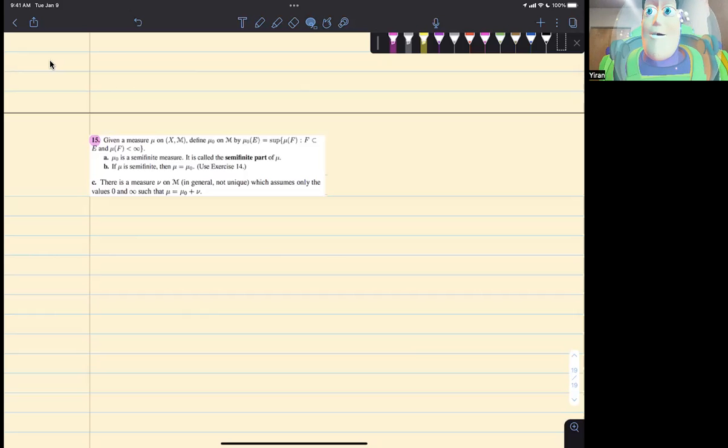And we want to show there is a subset F such that the measure of F is finite. So all we need to do is argue this is not an empty set. There is something in it.